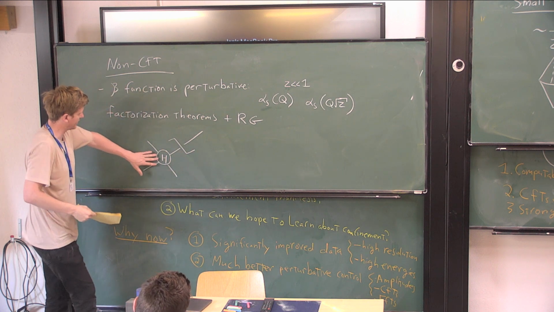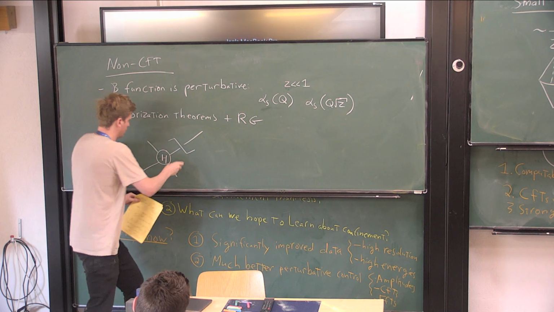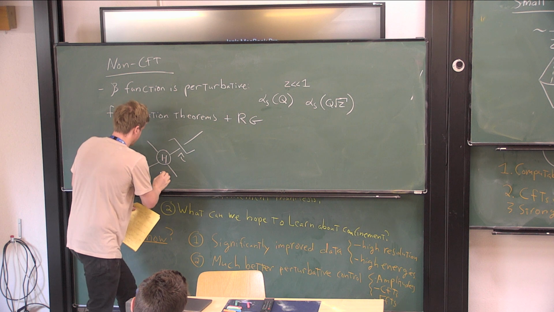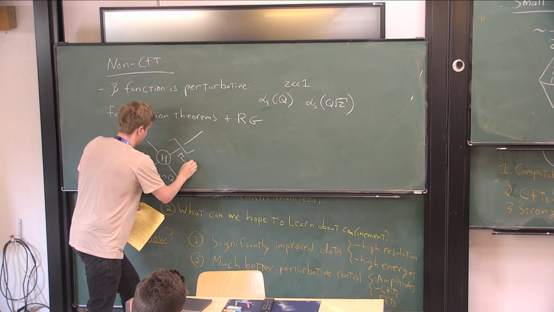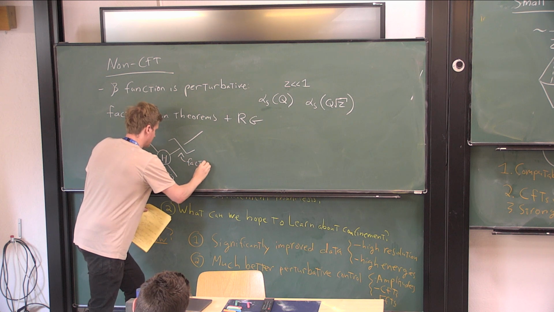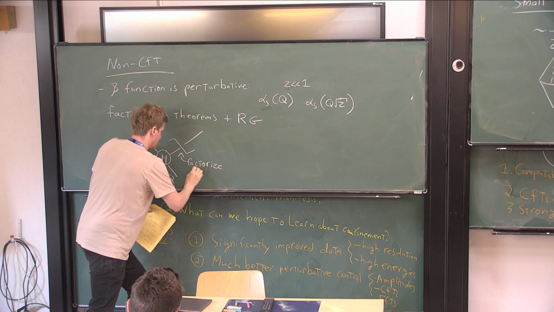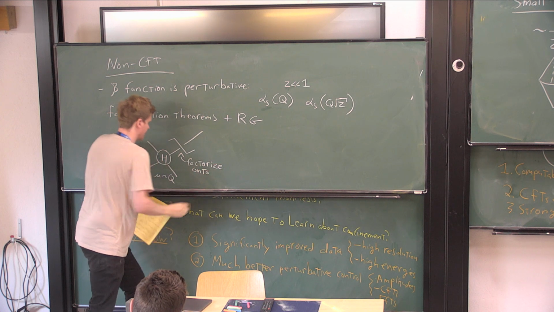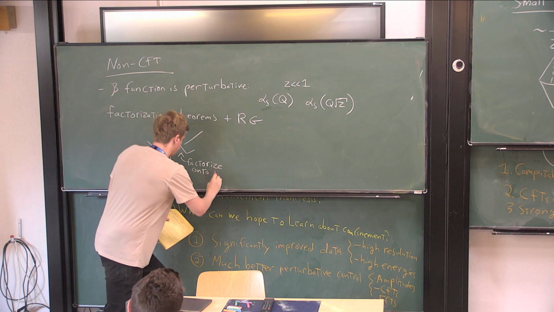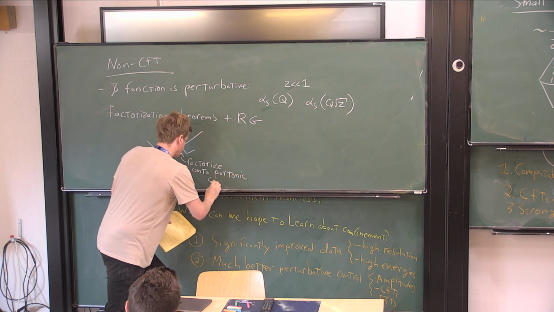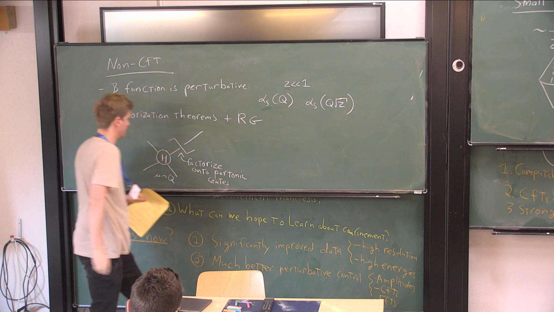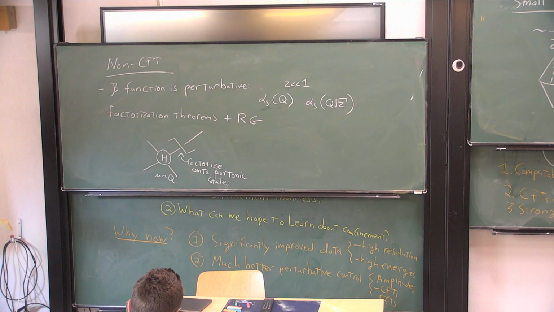So you have some very high energy collision, which produces, so this is at the scale Q. So you can think of this as kind of like inserting a set of states. And if you're in the UV, these are really the partonic states of your theory using asymptotic freedom.